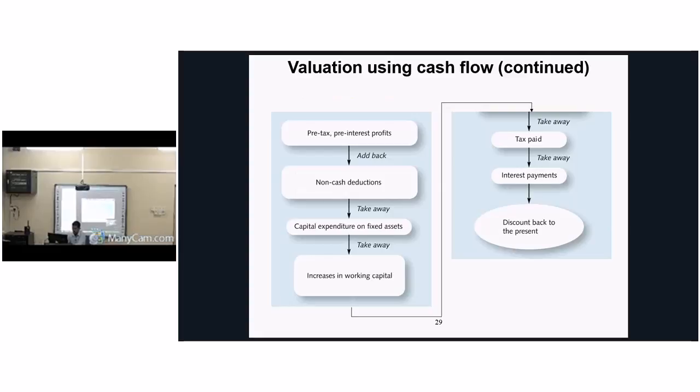If we have any non-cash deductions, we add back. If you have spent any capital expenditures, we deduct. If you have any working capital adjustments, we do it. It will be a plus or a minus. If we have paid taxes, we have to adjust that, and also we have to adjust the interest, and finally we should be able to get the cash flows of the future firm.